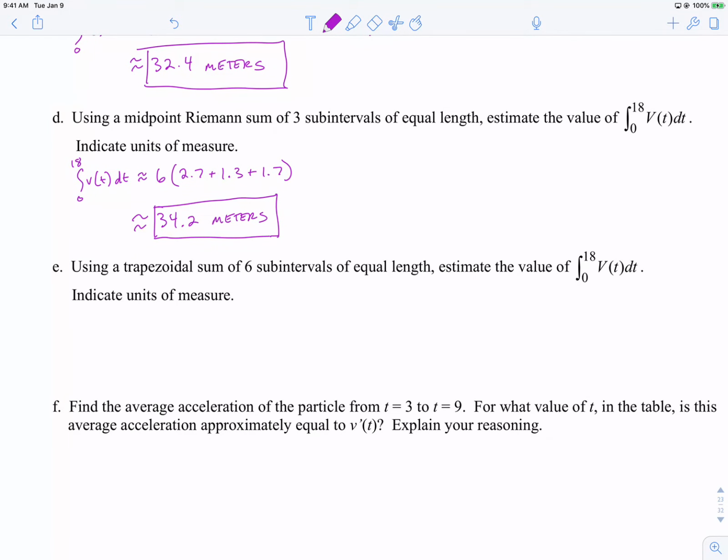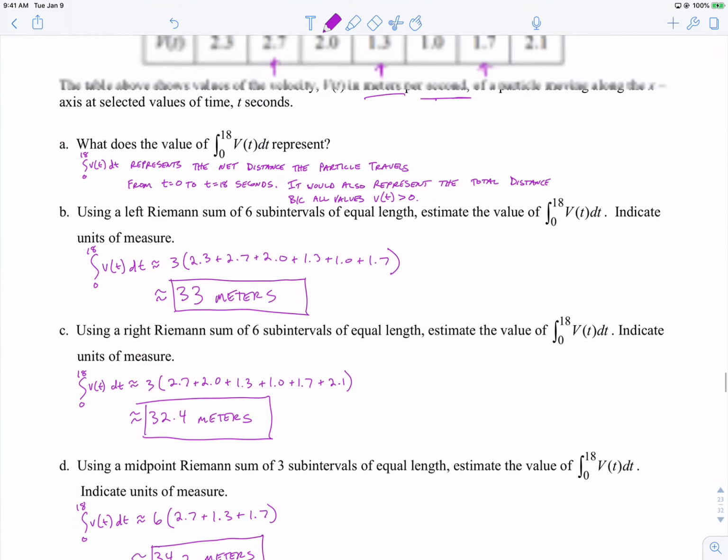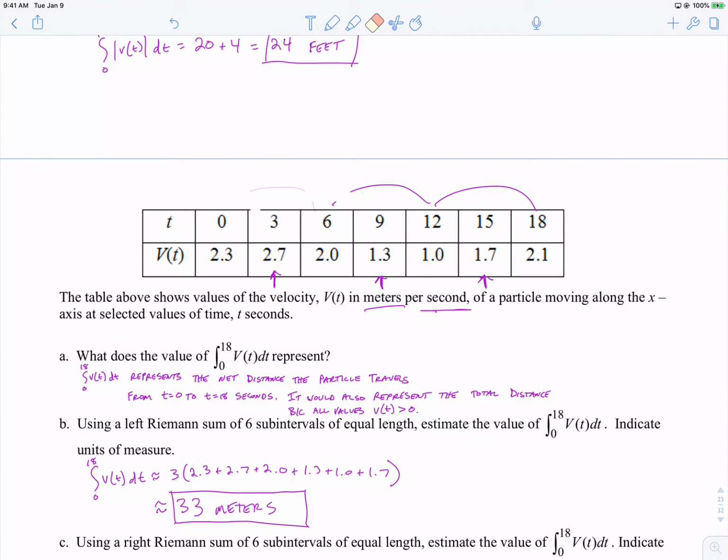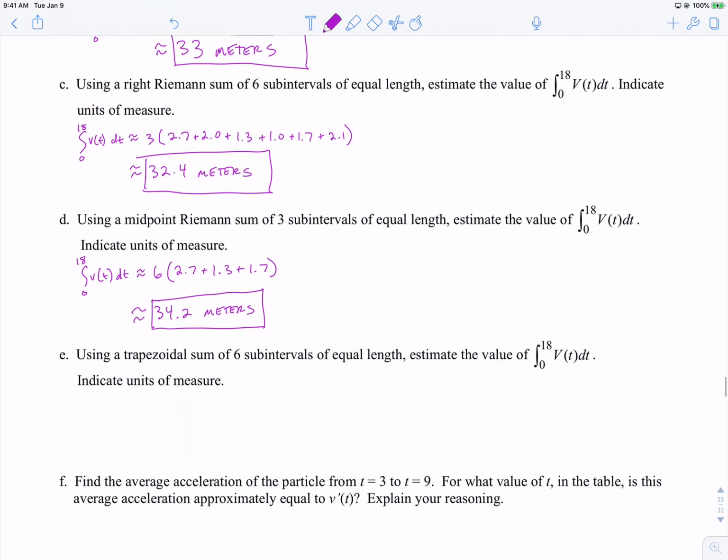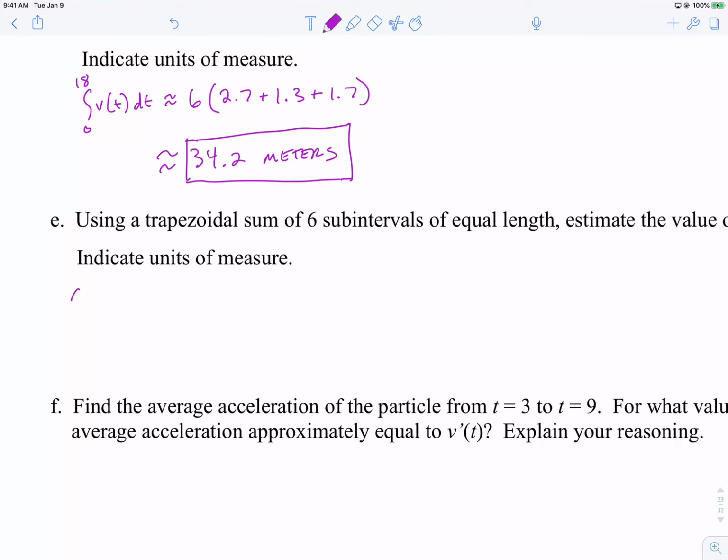Now we're going to use a trapezoidal sum of 6 subintervals of equal length. So for trapezoids, we're going to go 1/2, and then the height of the trapezoid is 3, and we can factor that out of each term.